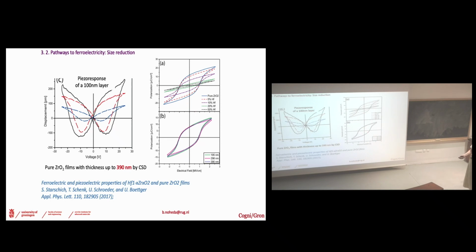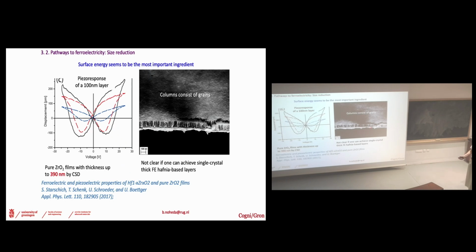In this case, though, this is not in the paper, but I contacted the authors and they sent me this picture. So indeed, the layers are thick, but the grains are still very small. The thermal quenching and the thermal treatment they used took care that the grains themselves were still quite small.